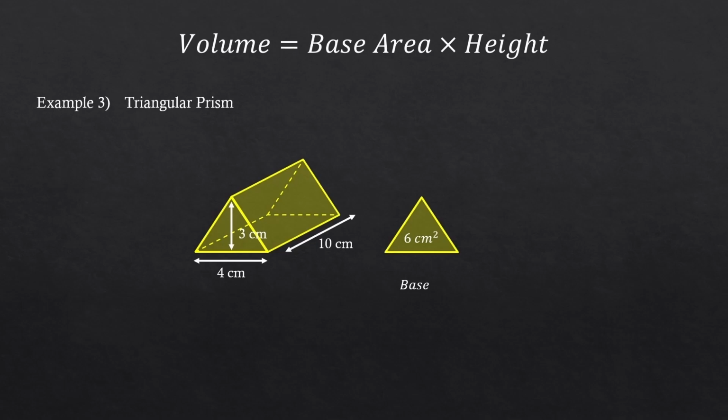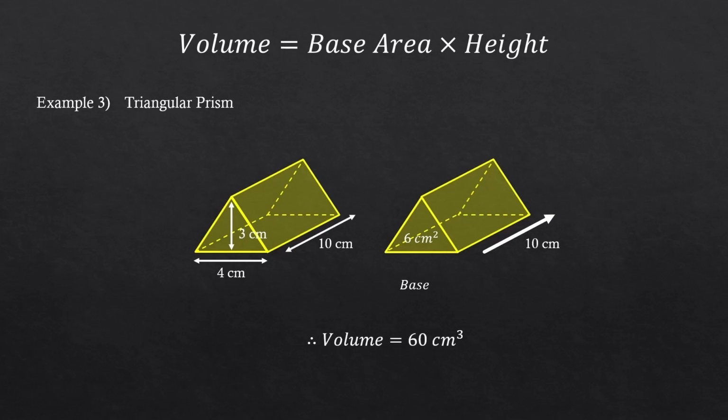And what is the area of this base? 4 times 3 divided by 2, right? Which is 6 centimeter squared. And we are now stretching this triangle like this by 10 centimeter. So it's consistent, right? So 6 times 10, it should be 60 centimeter cubed. And in fact, this is correct.